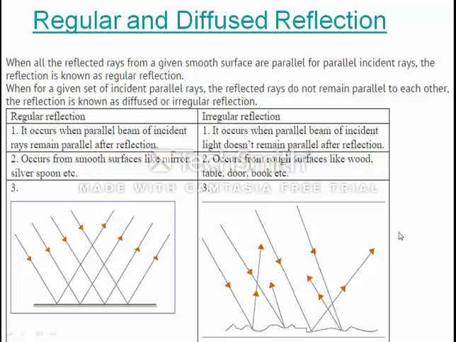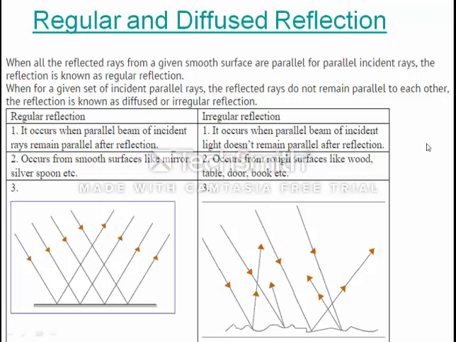So when all the reflected rays for a given smooth surface are parallel for parallel incident rays, the reflection is said to be regular reflection. And when for a given set of parallel incident rays, the reflected rays do not remain parallel to each other, the reflection is said to be diffuse or irregular reflection.